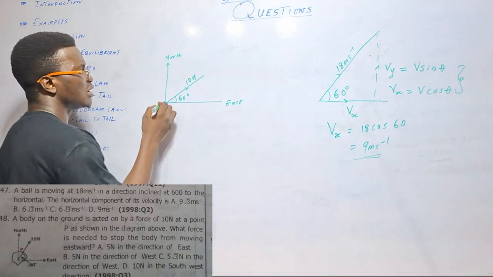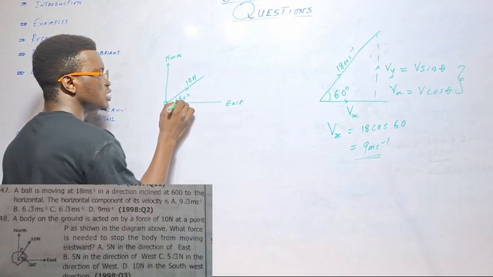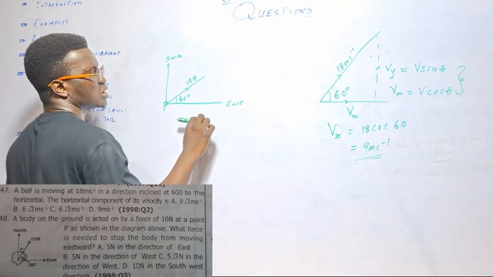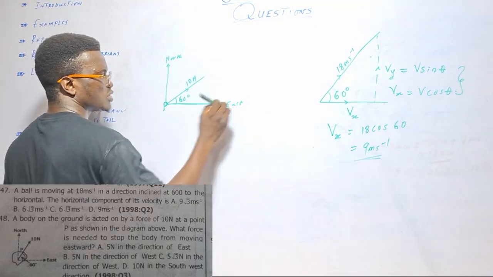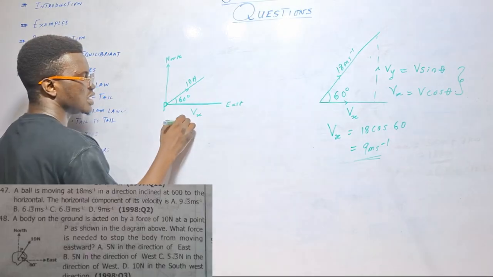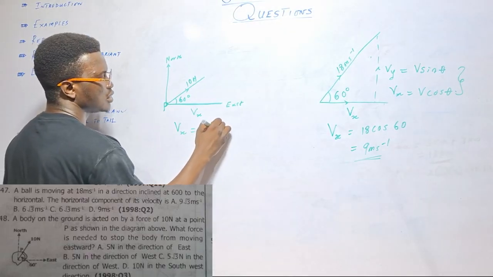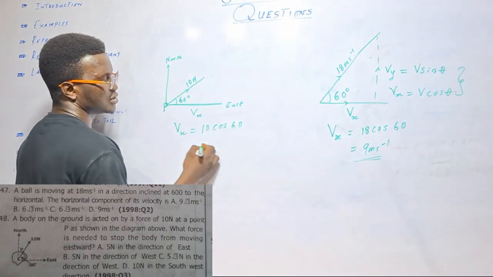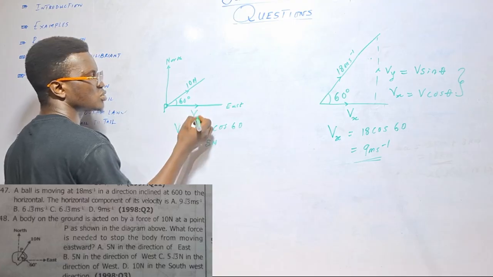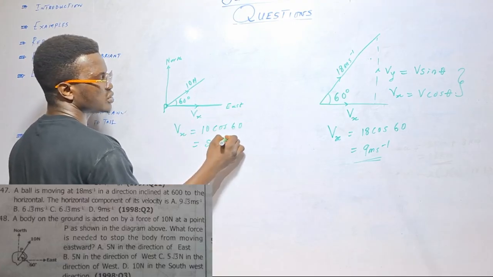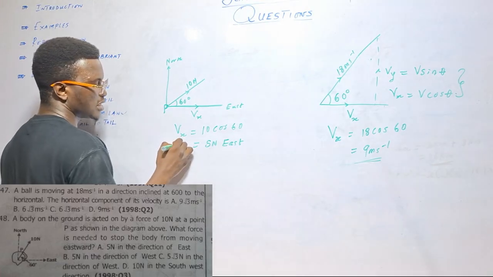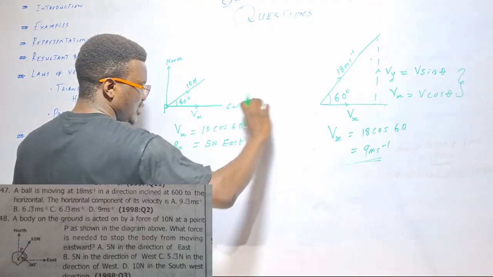The question is saying, what will stop this P from going eastward? That means I need to know the force that is pulling it eastward. So the force pulling it eastward must be the horizontal force. Now v sub x is going to be 10 cos 60, and that is going to be 5 Newton. So the force pulling this thing eastward is 5 Newton east, and that's my resultant in the horizontal direction.